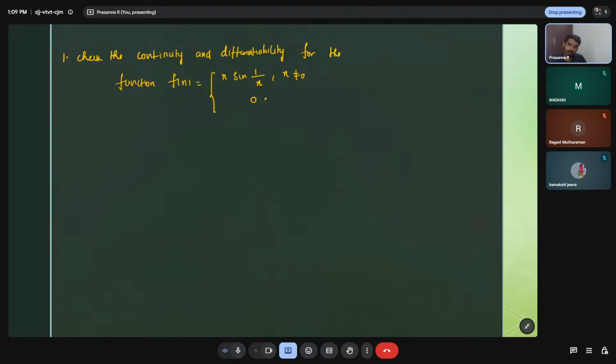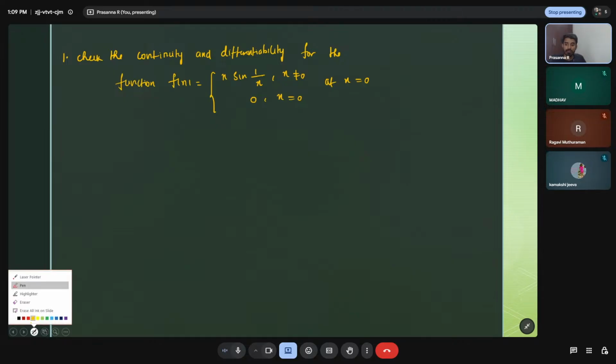The problem. Check the continuity and differentiability for the function f of x is equal to x into sine 1 by x when x is not equal to 0, and 0 when x is 0, at x equal to 0.